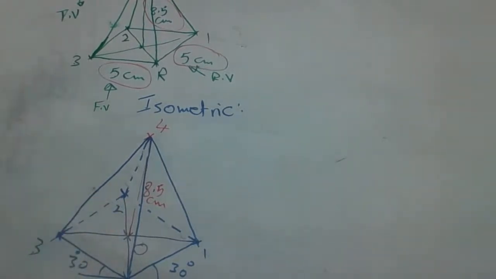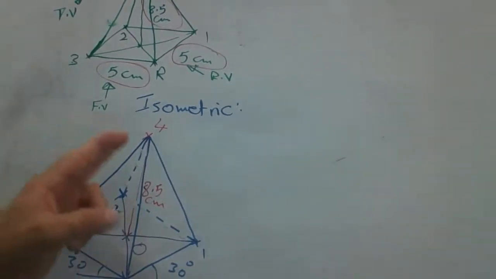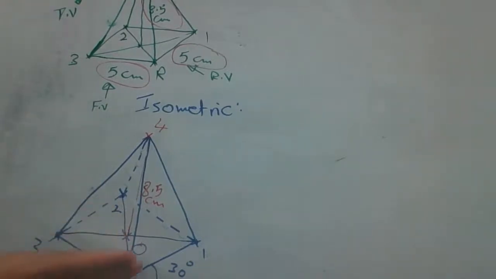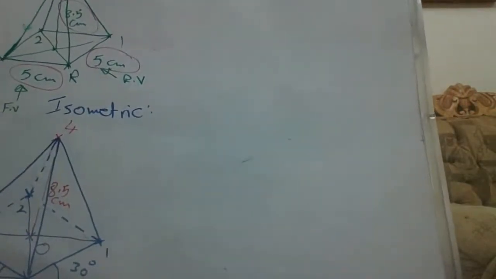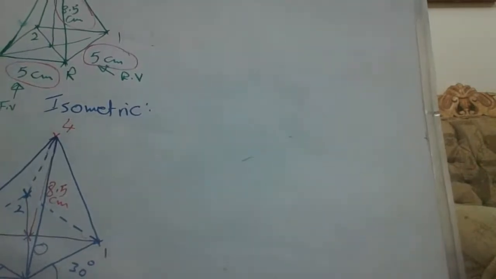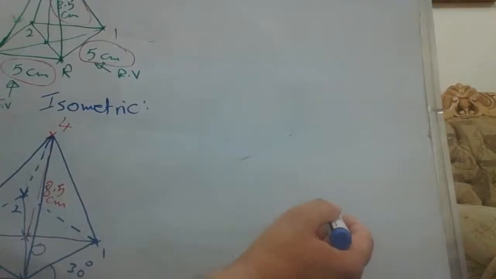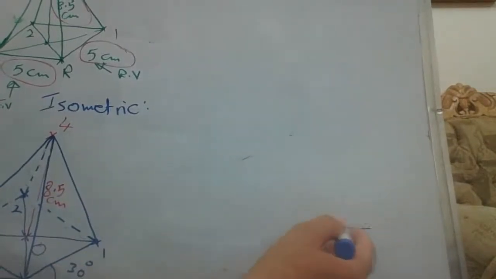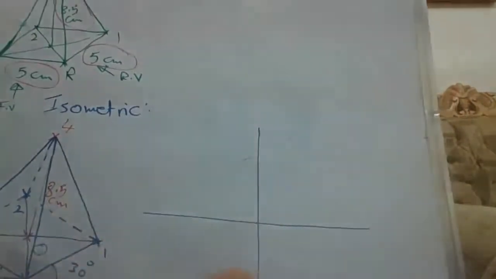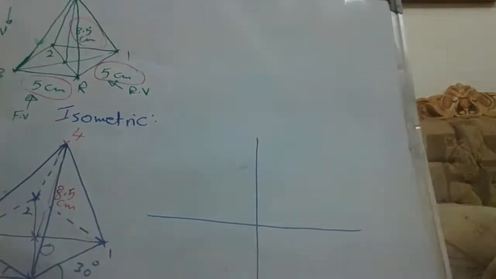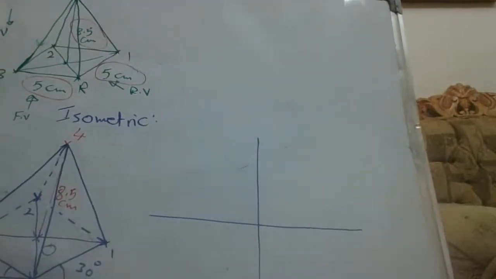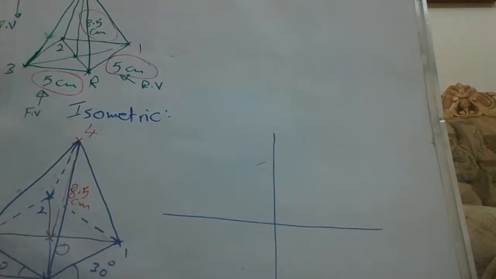Okay. This is the pyramid using isometric. The same procedure we follow for the oblique, and we will get the same shape, but this is a different way to do this shape. Okay, now to draw the projection of the given shape, we can write also the axis of a projection as we did always.